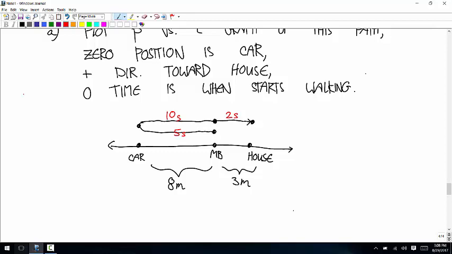And now we haven't used it yet. So far, this is just sort of a shorthand way of drawing what the man did. But now we're going to use the zero position and the positive direction and the zero time. So the zero position is the car, okay? So whenever the person is at the car, the numeric position is 0.